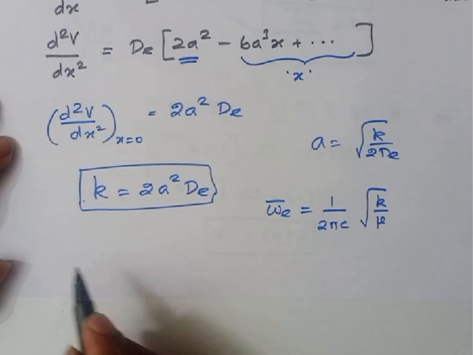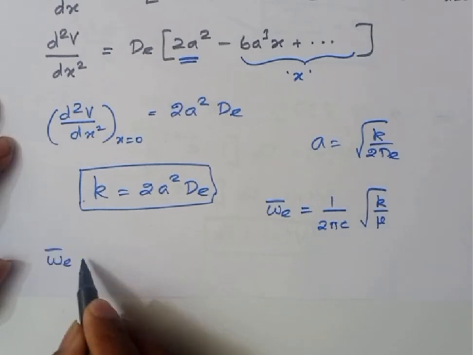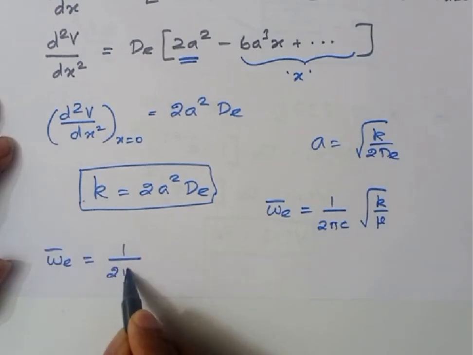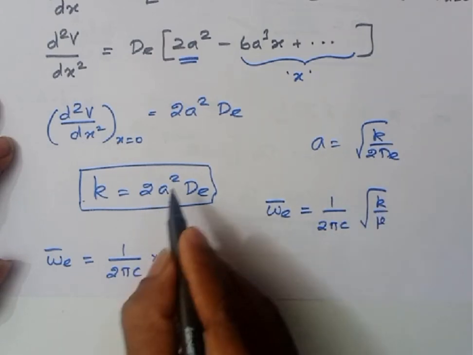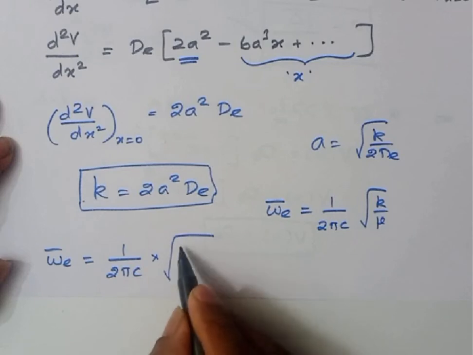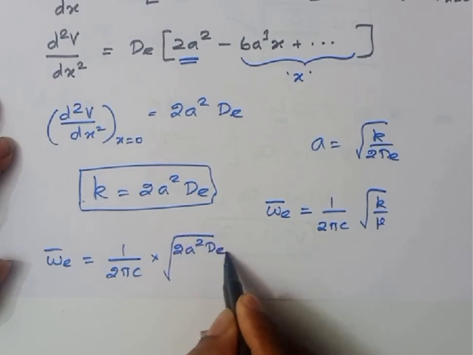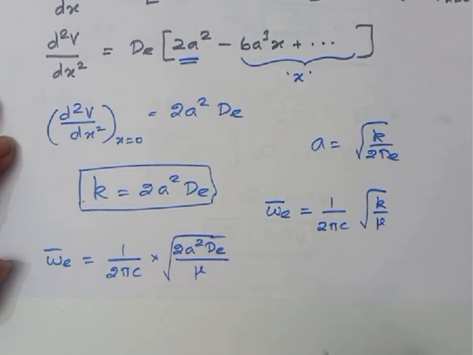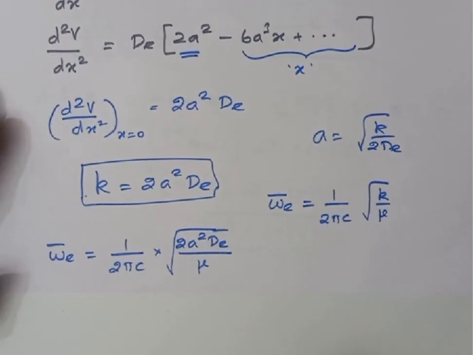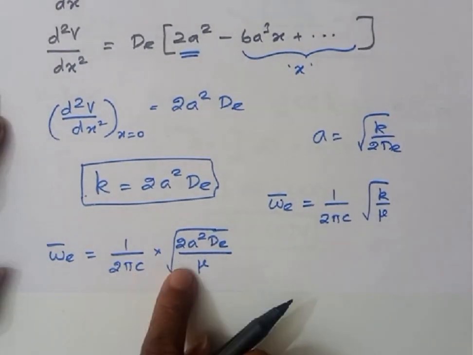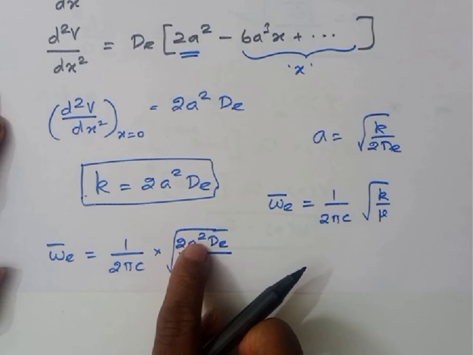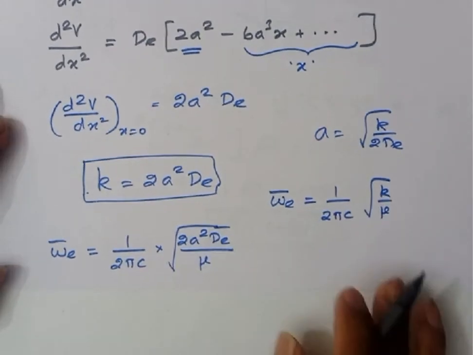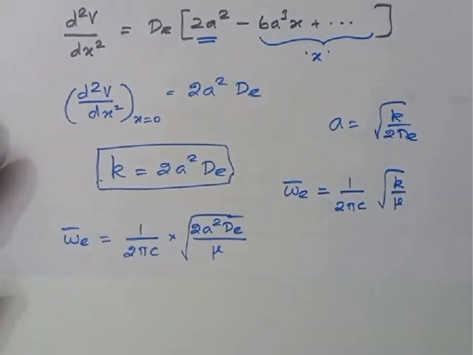Here I can write omega e bar equals 1 by 2 pi c, keeping all these terms as such, into square root of, in place of k, I'll put 2a square D_e by mu. If I bring this 2 pi inside, it will become 4 pi square c square. I'll bring all these terms inside, and square root of a square is a, so I'll keep a out. Students, take down this, make it fast.